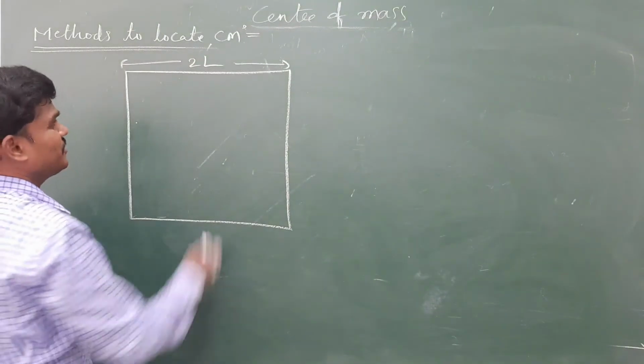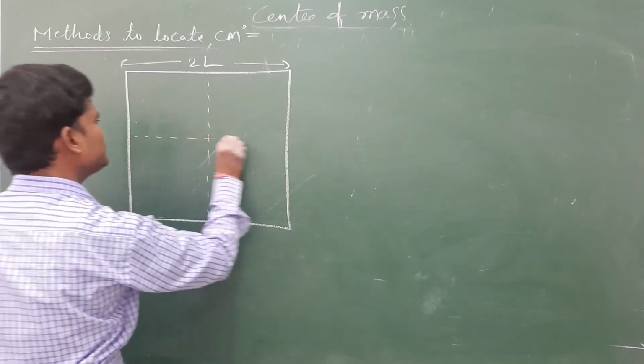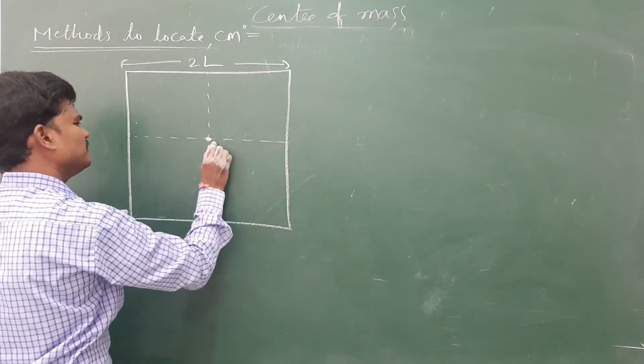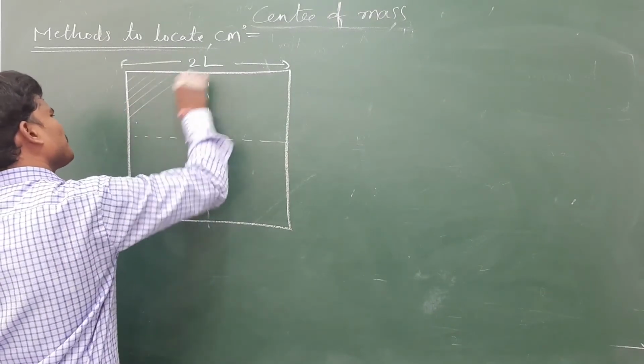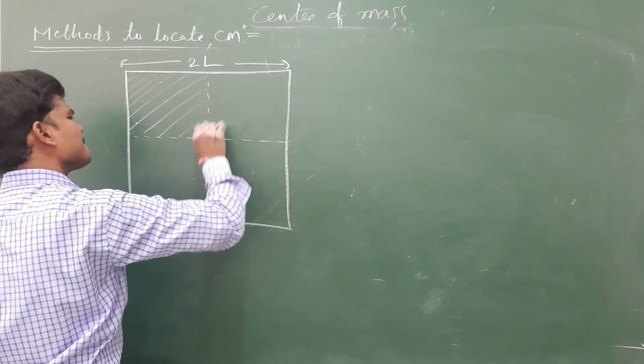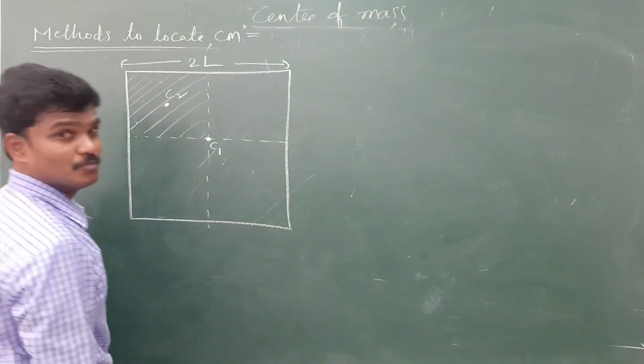Uniform everything. And from this one quadrant portion is cut. Initially the center of mass is here, and this part is cut. Here the center of mass of the small part is C2. This part is cut.